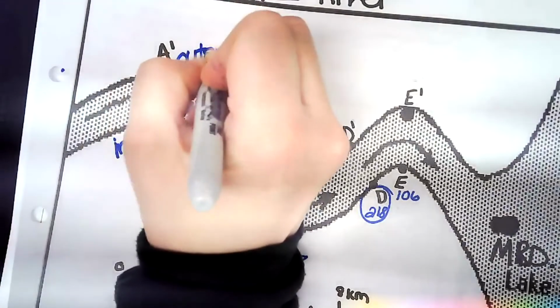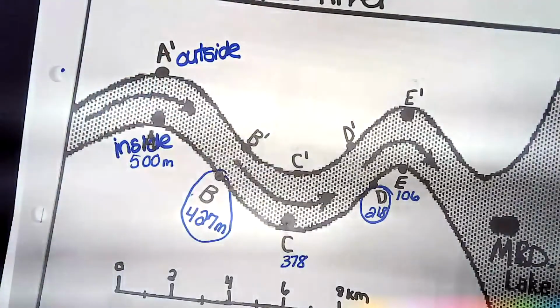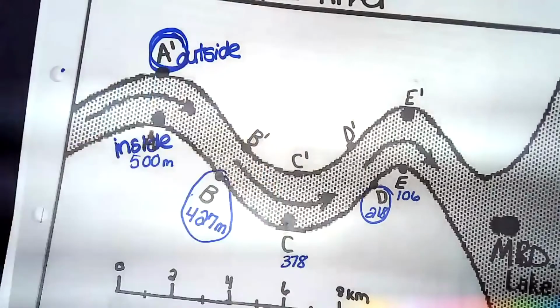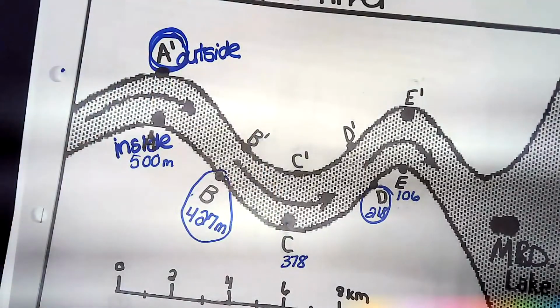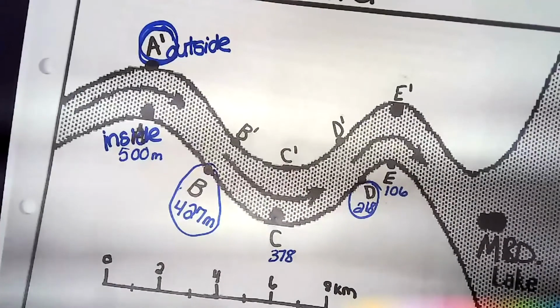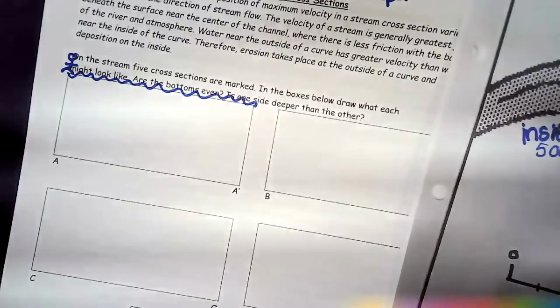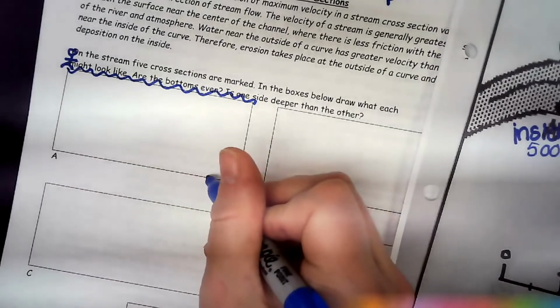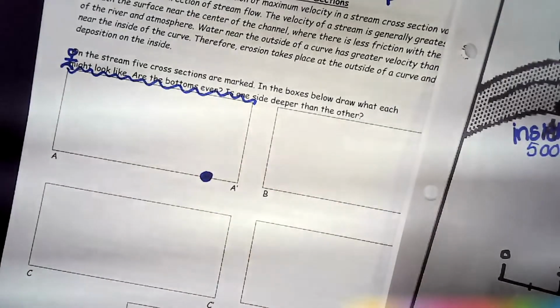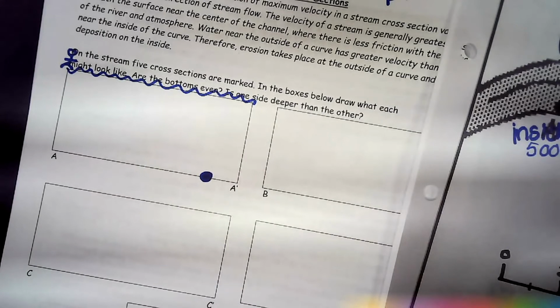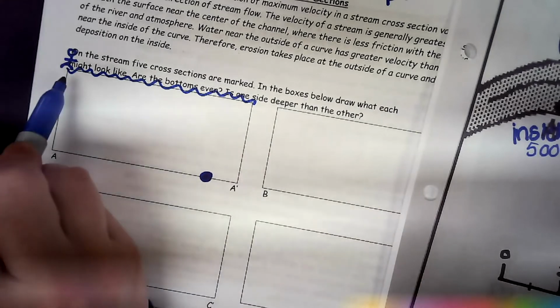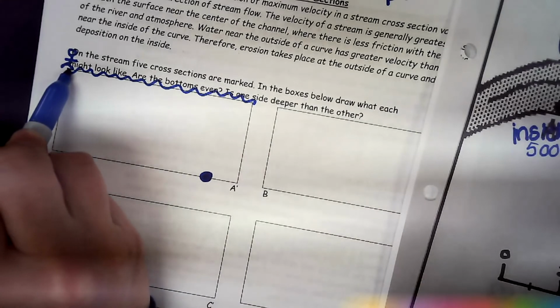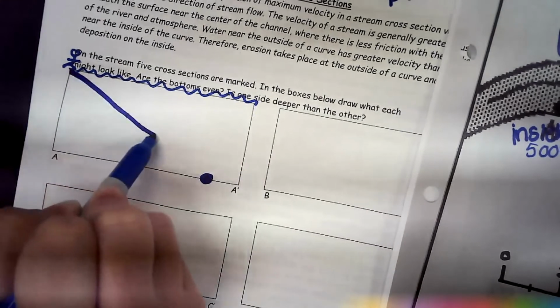So where is the stream moving the fastest? The outside, at A prime. Since A prime's moving the fastest, that side's going to be deeper. So on your packet, find A prime, and put a dot where the deep section is going to be. It's over near A prime. If you label where the deepest spot is first, then you connect where you were standing to the deepest spot.